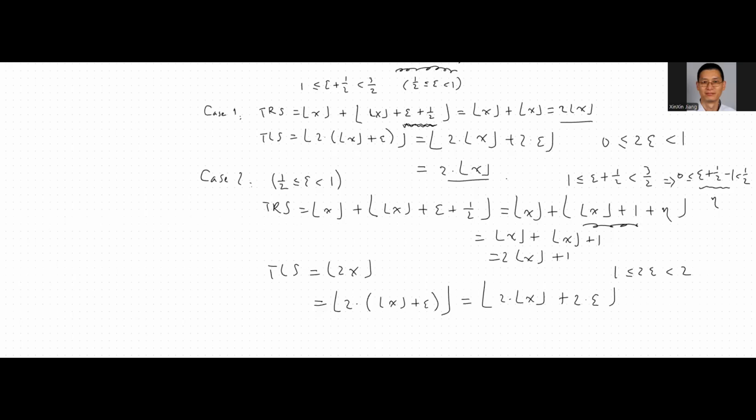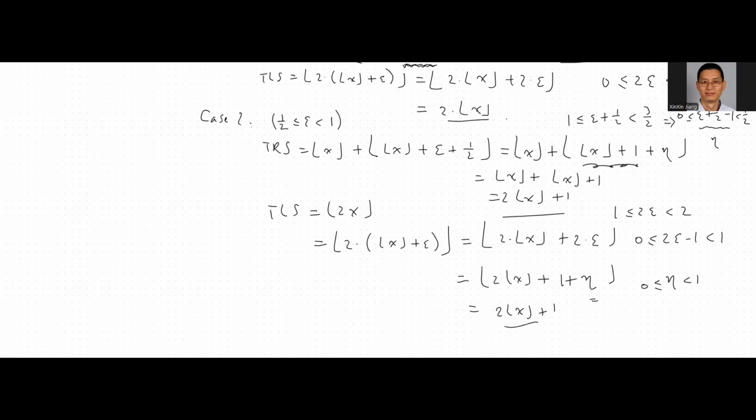So 2 epsilon minus 1 would be greater than or equal to 0, less than 1. This is our new epsilon, you call it eta. So that equals 2 times the floor of x plus 1 plus eta. This eta is between 0 and 1, so in the floor I can get rid of it, giving 2 times the floor of x plus 1. So the left side and the right side are equal, and we're done. That finished the proof of the original equation.